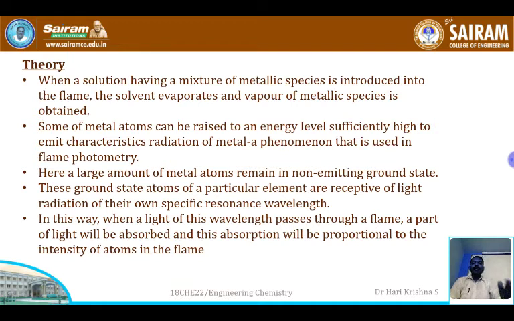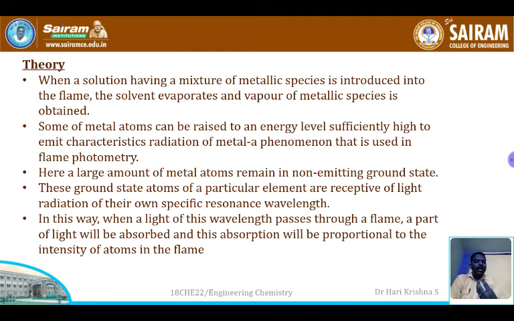The other metals, a large amount of metal atoms, remain in the non-emitting ground state. This has a special feature: the ground state atoms of a particular element will accept light radiation of a specific resonance wavelength. When light of this wavelength passes through the flame, part of the light will be absorbed.